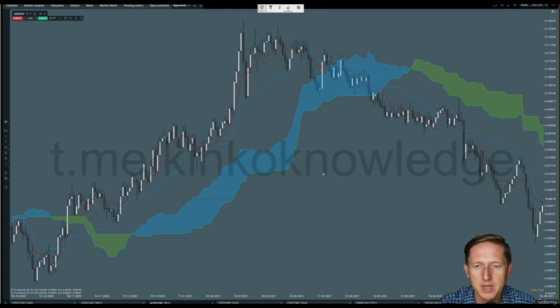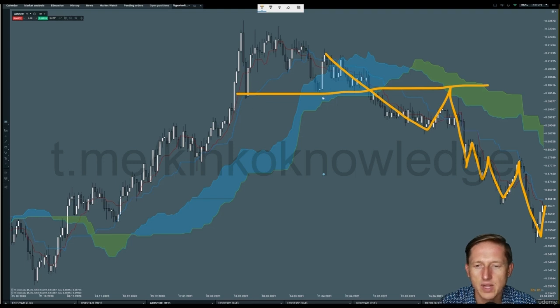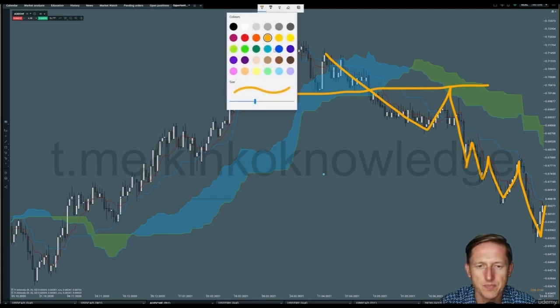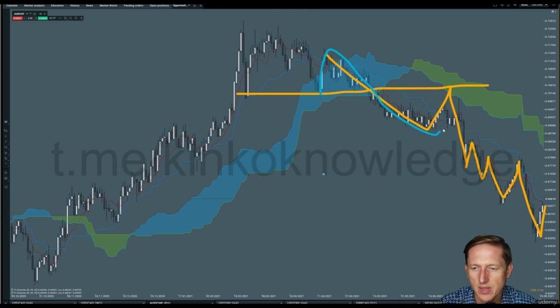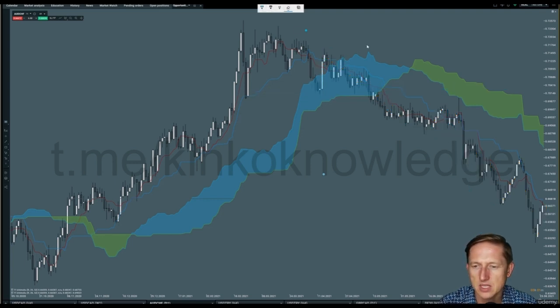But what happens is basically we have another N wave here, then another one, another, and we keep falling down because the support was taken. So all of that as well, you can see, maybe we can draw it this way. That's another very nice S wave at this point. So the previous support became a resistance, and now the market is falling. So yeah, that's quite nice.